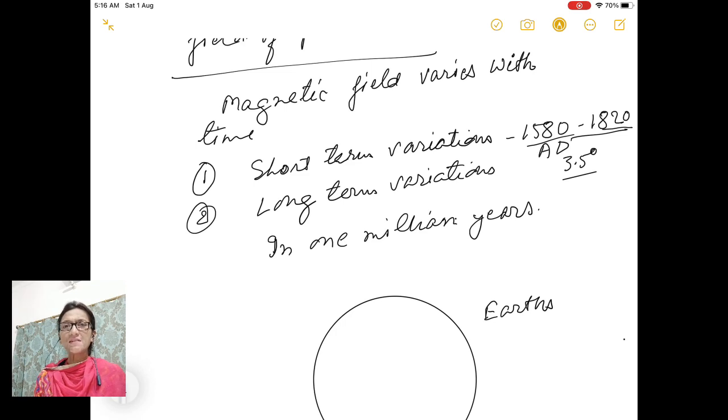The magnetic field lines changed their direction by 3.5 degrees. So this is a short-term variation which took place in only two or three centuries. Now there are long-term variations that took place over millions of years. You may find a total reversal of the magnetic field pattern over such a long duration.